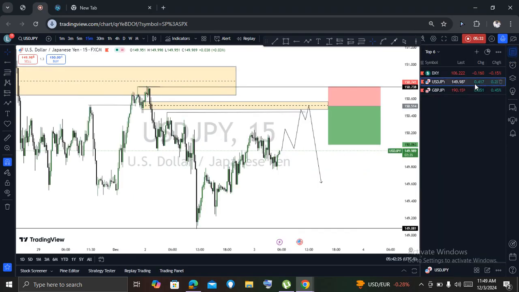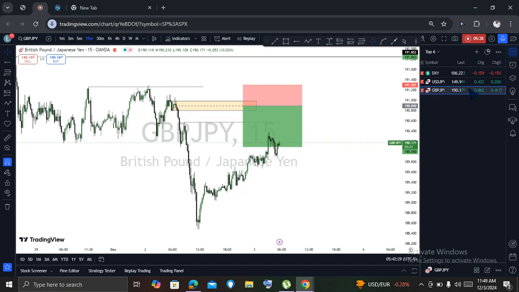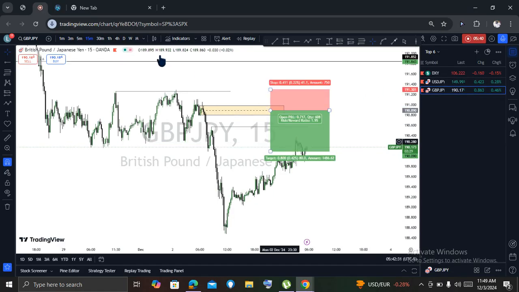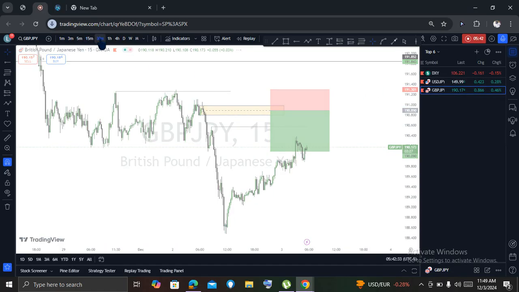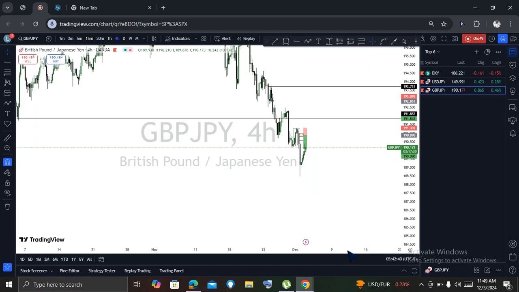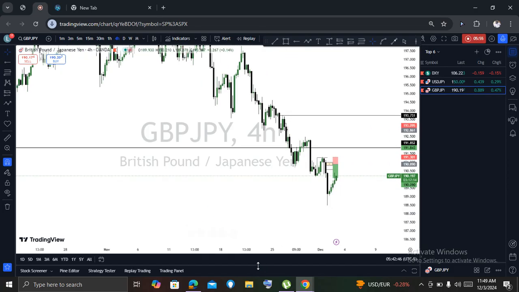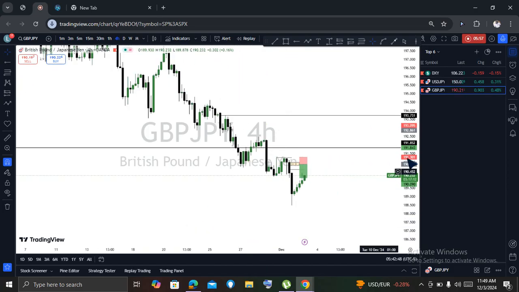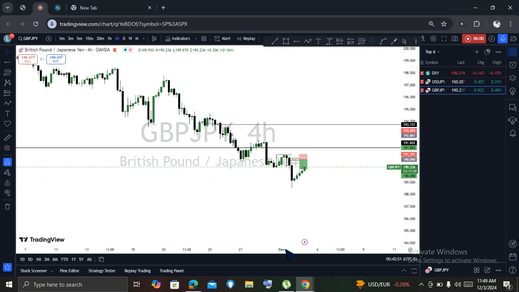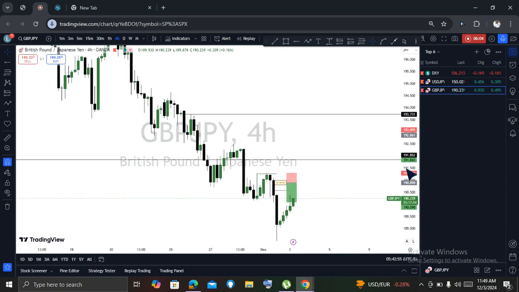The second one on my list is GBPJPY. Let's go to the higher time frame first. You could see in recent times that the market has also been trending to the downside. It has been having a series of lower highs and lower lows, lower highs and lower lows.